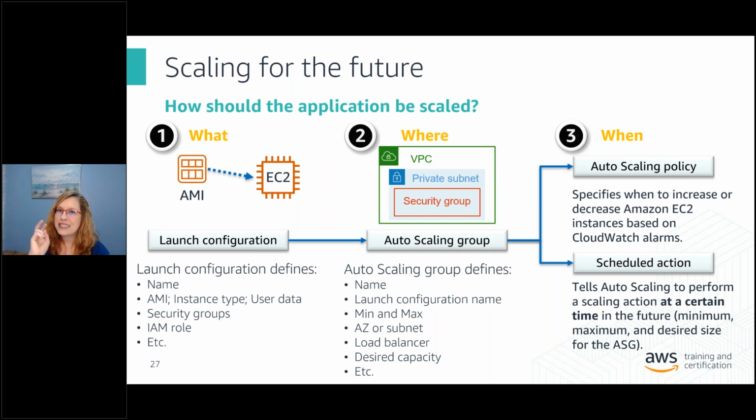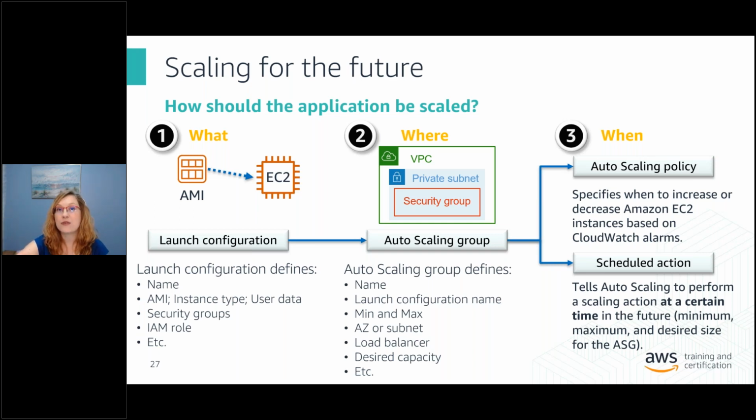All right. The second way that I can define a when is on a schedule. So if we go back and we think about that Monday through Friday schedule, notice in the middle of the day, there was much, much higher activity than at night. I could, if I wanted to, set up a schedule that automatically at 6 a.m. scales up by adding additional instances in. So now I'm scaling to add, let's say, 2 more instances.